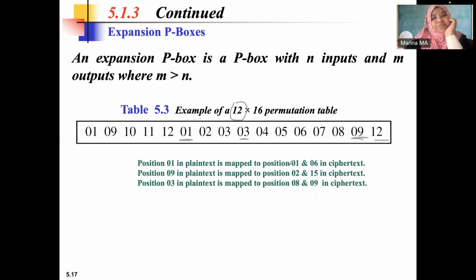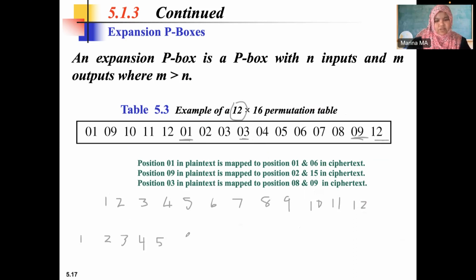All right, let's arrange. Because we only have 12, so I can do 12. 1, 2, 3, 4, 5, 6, 7, 8, 9, 10, 11, 12.